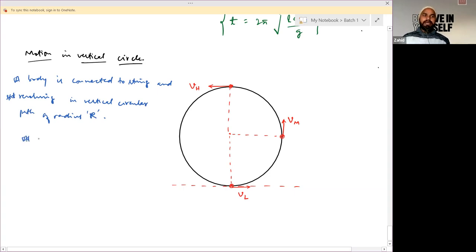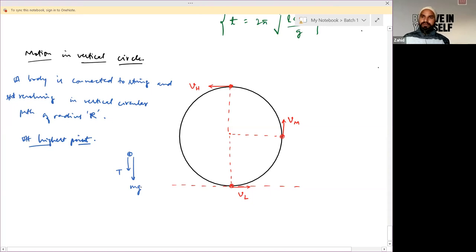So first at highest point, it must be acted on by one, that is tension in that string. Second, gravity, mg.